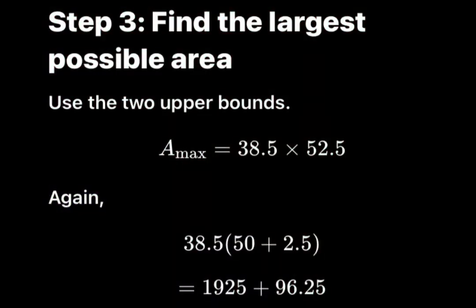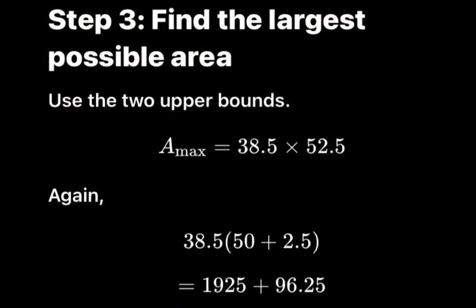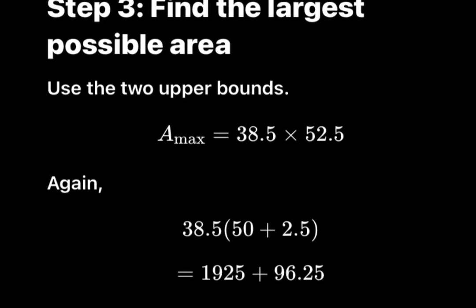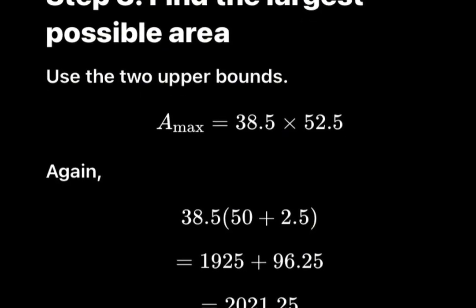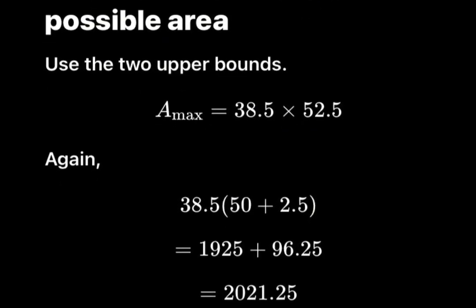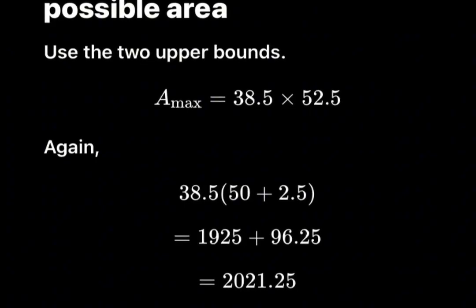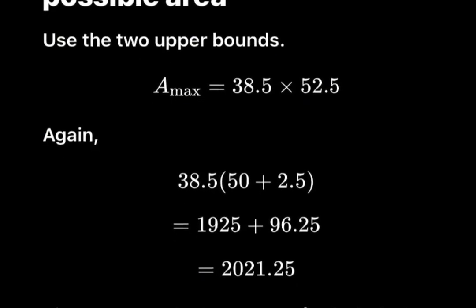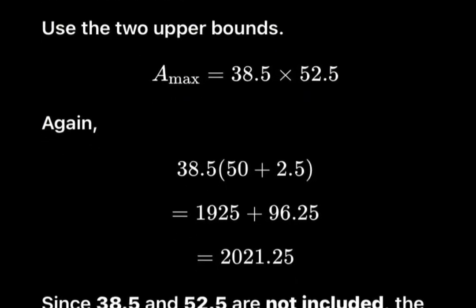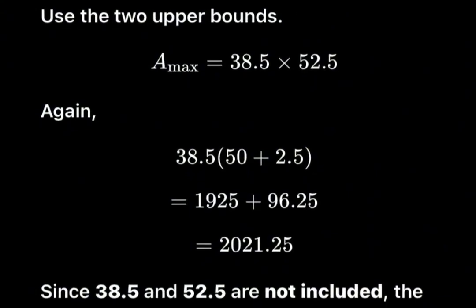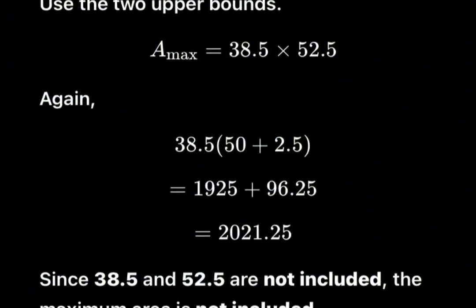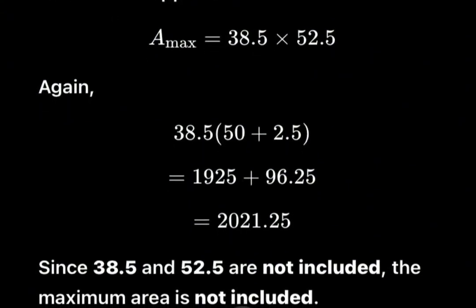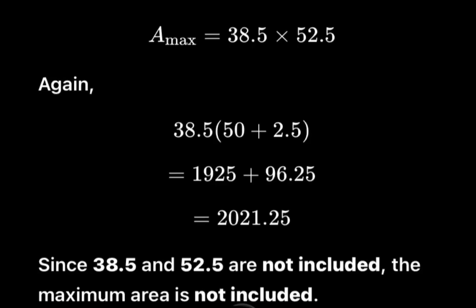The next step is to find the largest possible area making use of the upper bounds, which means the maximum area will be equal to 38.5 multiplied by 52.5. That will give us 2021.25. But please take note that 38.5 and 52.5 are not included.